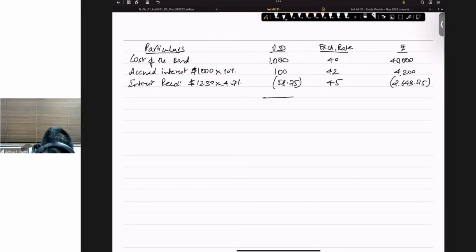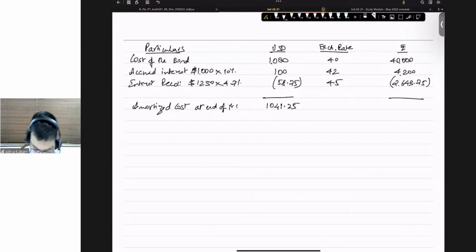Ideally, the bond should have this amortized cost of 1041.25 at the end of year 1. And since it is a monetary item, I'll be converting it using the closing rate.